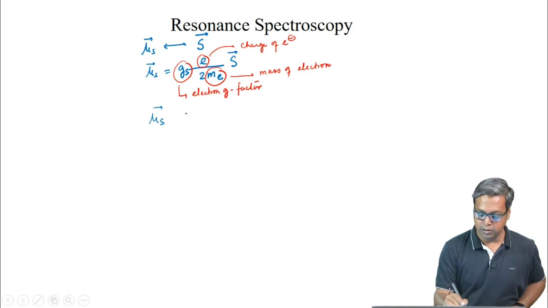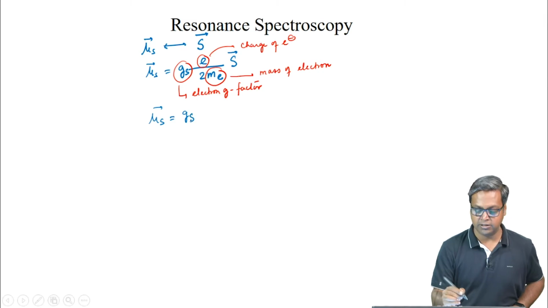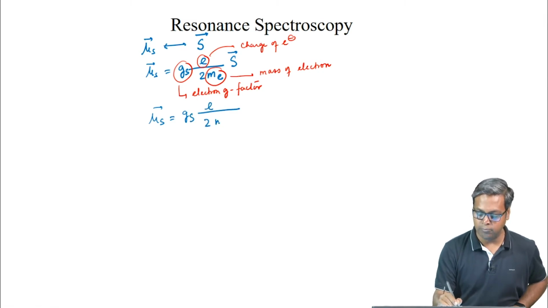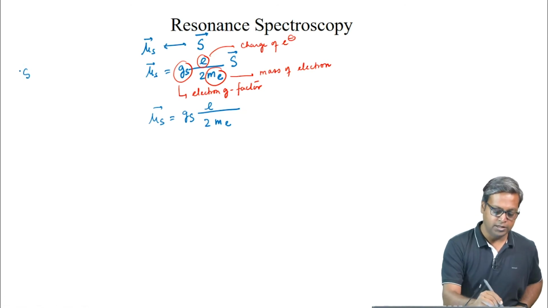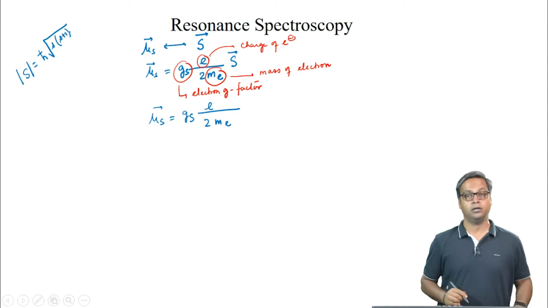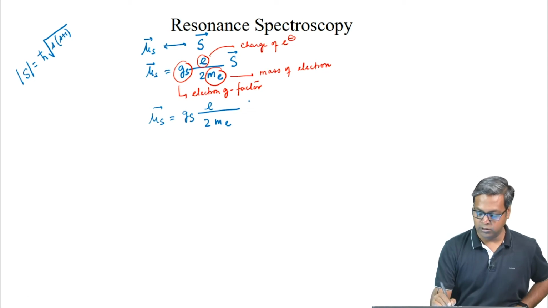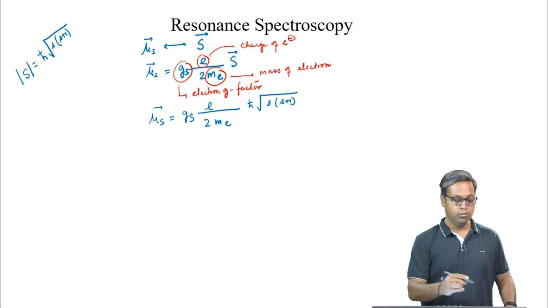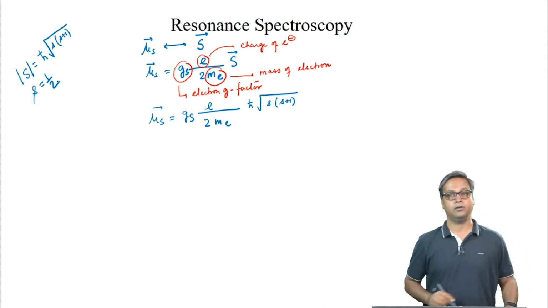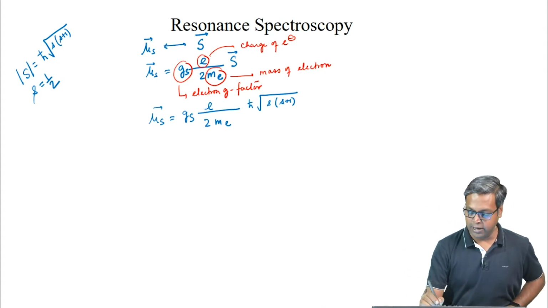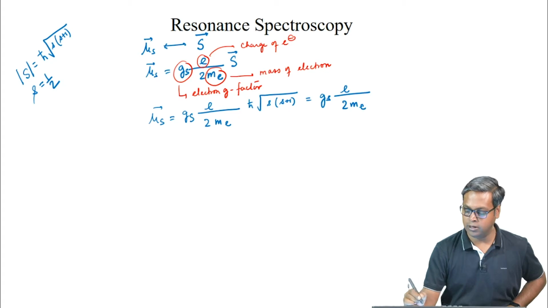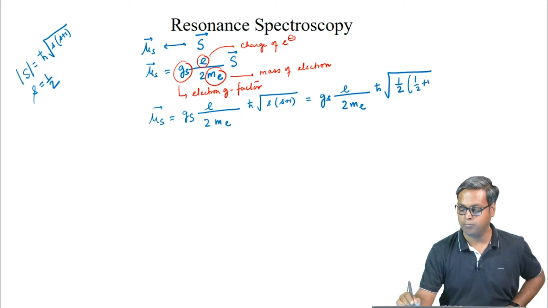So, we can write mu s equals g s e by 2 m e, and because S equals h cross root over s times s plus 1, and now s equals half, we can further write this as g s e by 2 m e times h cross root over half times half plus 1.